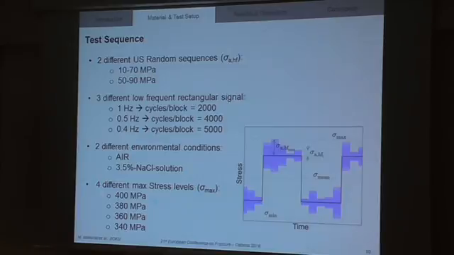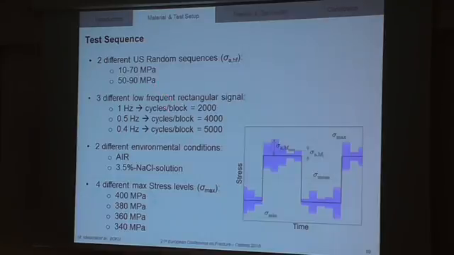In the test sequence, four parameters were varied. Two different ultrasonic sequences with sigma A high frequency, that is the maximum ultrasonic random amplitude, from 10 to 70 and from 50 to 90 megapascal.